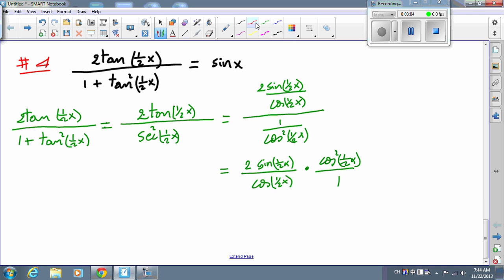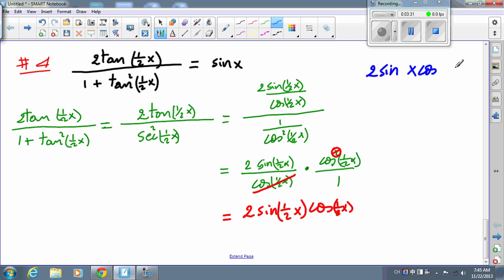Now to simplify this, cosine 1/2 x will go away with the power here. So I'm left with 2 sine of 1/2 x times the cosine of 1/2 x. Note that this is very similar to 2 sine x cosine x.